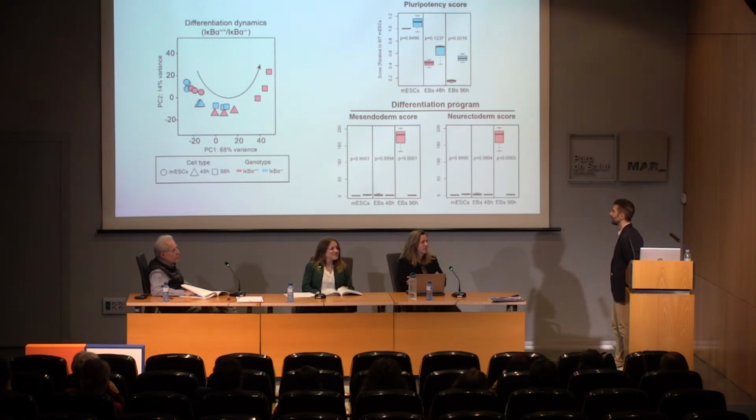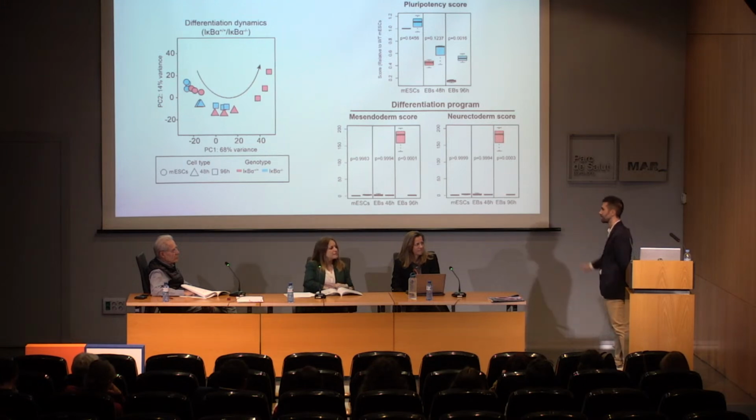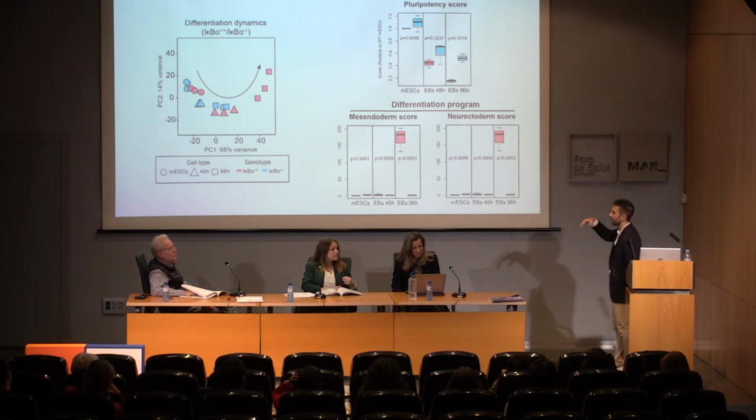I don't think so, because the main function is that if you remove I-kappa B, then it can affect NF-kappa B. But there are other I-kappa Bs that are very similar in terms of inhibiting the pathway, such as I-kappa B beta, and it has been demonstrated that when there's no I-kappa B alpha, I-kappa B beta can substitute the function of inhibiting NF-kappa B more or less in the same way.